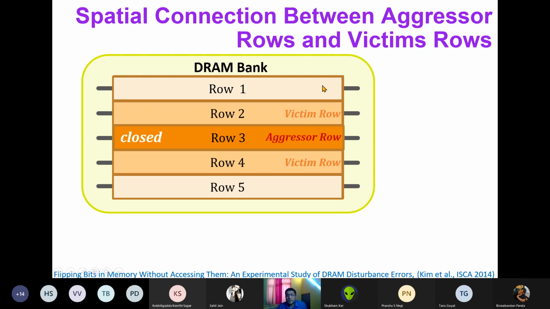And this was first published in a paper in 2014. So these bits of row 2 and row 4 are getting toggled. Those bits are random in nature, like some of the bit values of row 2 and row 4 are getting toggled, and they can create some issues with the system operation.